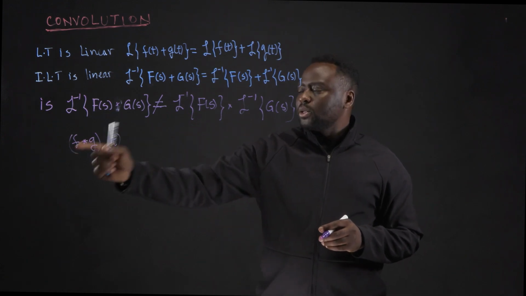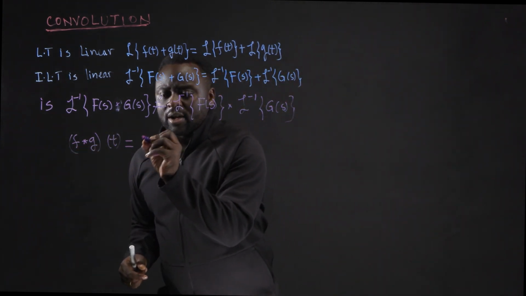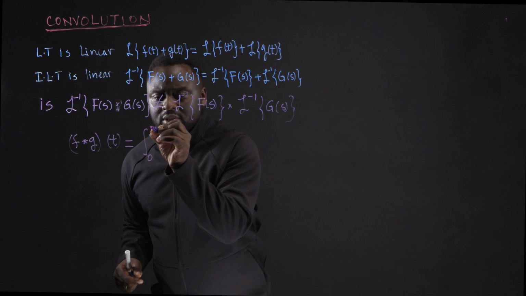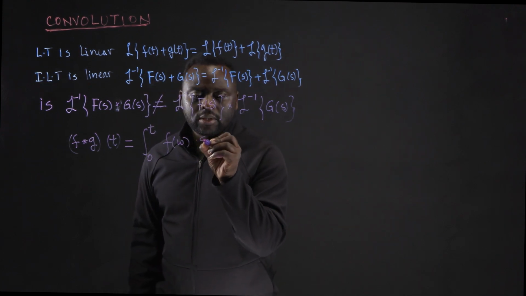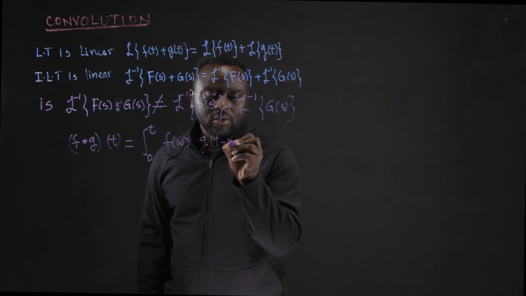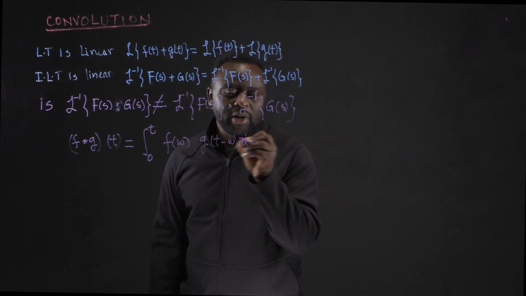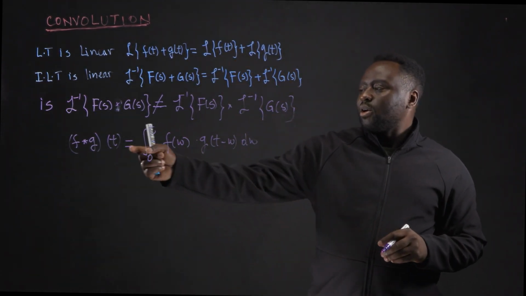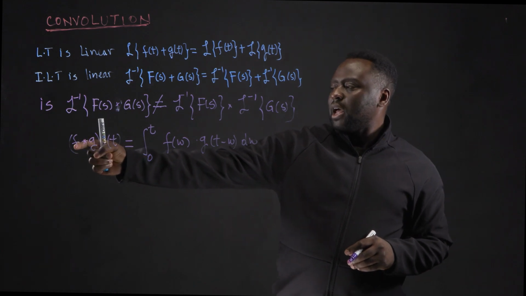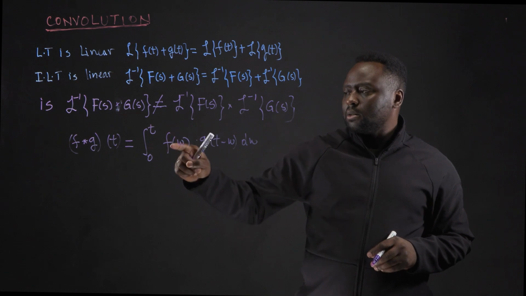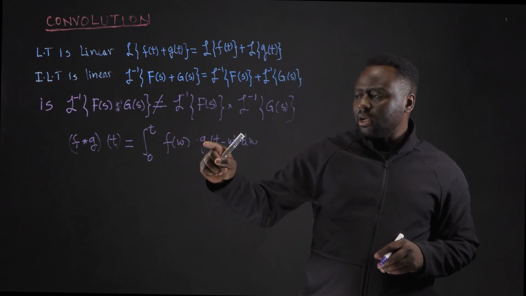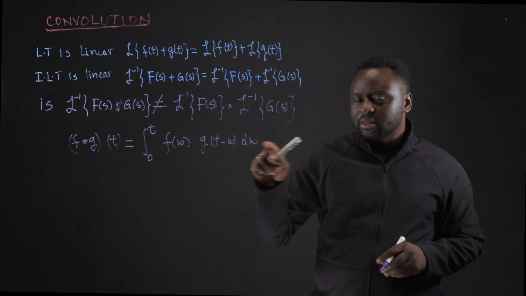This is the notation, and it is defined as the integral from 0 to t of f of omega times g of t minus omega d omega. Okay, so the convolution of the functions f and g is the integral from 0 to t of the function f of omega times g of t minus omega d omega.